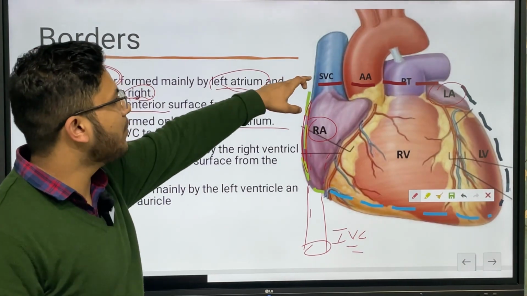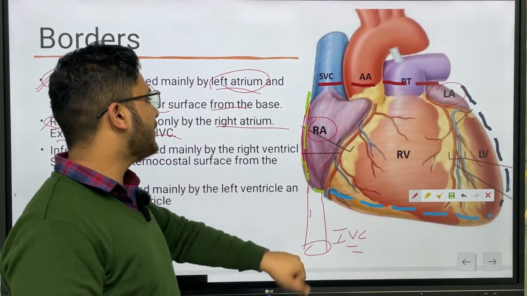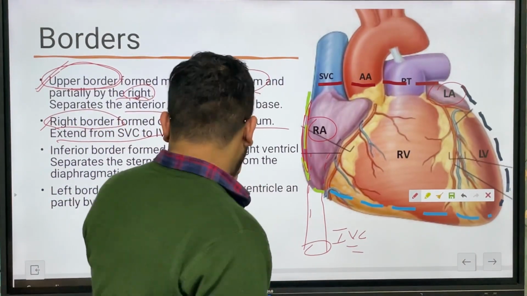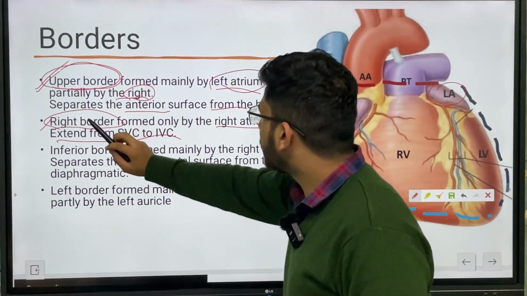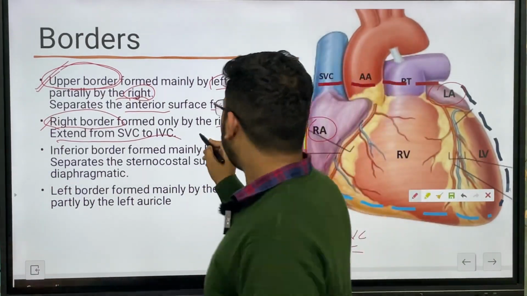The line from the opening of SVC into right atria to the opening of IVC into the right atria is known as sulcus terminalis. So right border is basically the sulcus terminalis. Okay, let me write here.